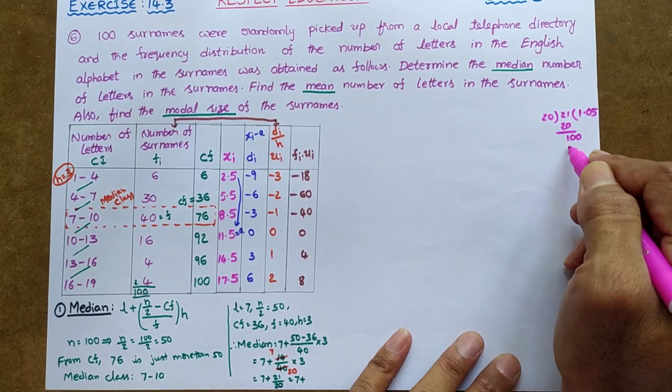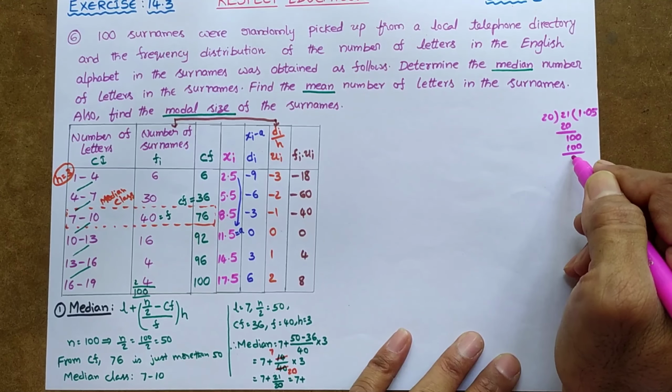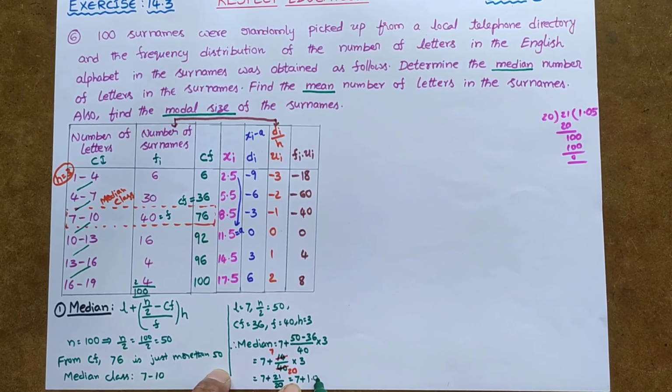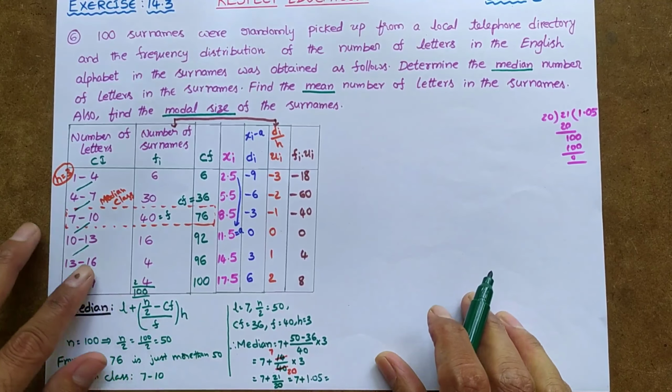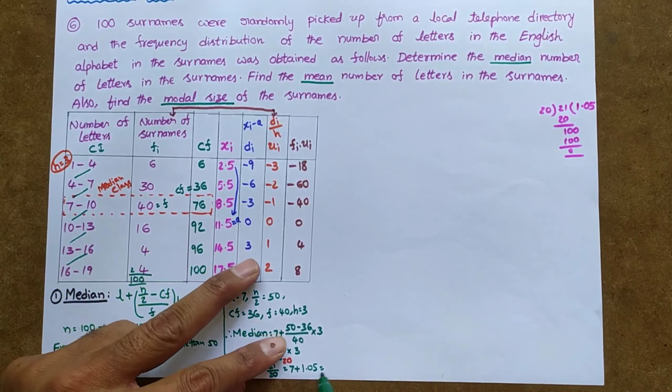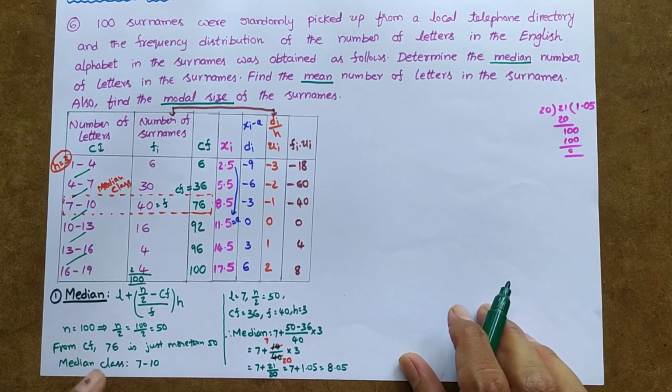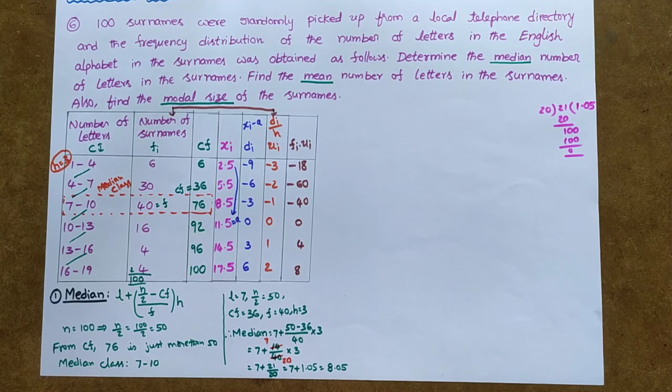So 5 20s are 100. So 21 by 20 can be replaced with 1.05. So 7 plus 1.05 is 8.05. So we got the median value.